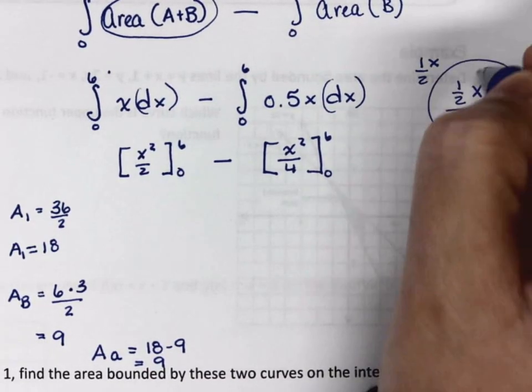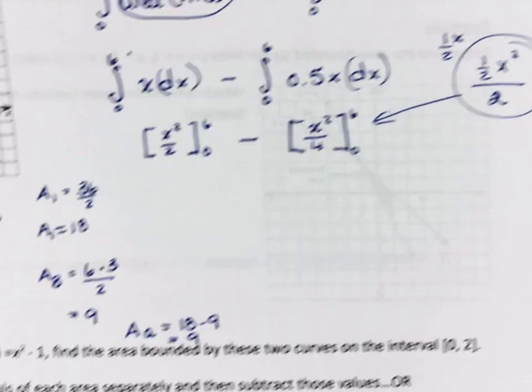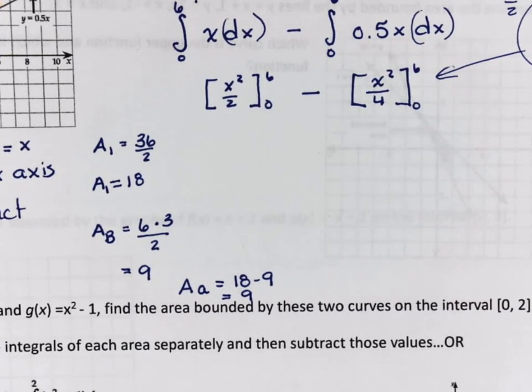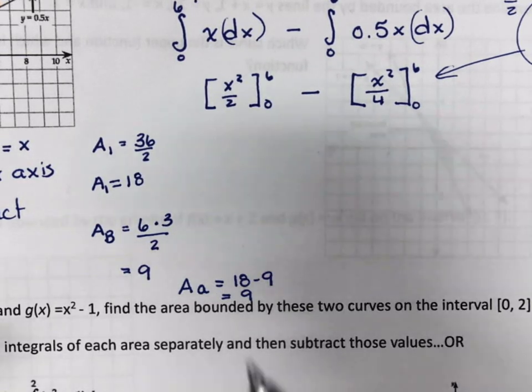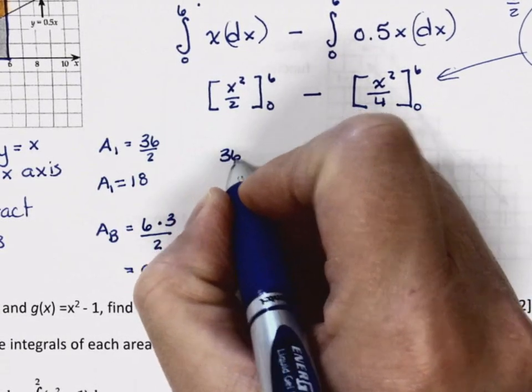So that's going there. All right, so let's see how much math we can do in our heads. What limit do we start with, upper or lower? Upper. So we're going to start with a 6. So 6 squared is 36 divided by 2, which is 18.